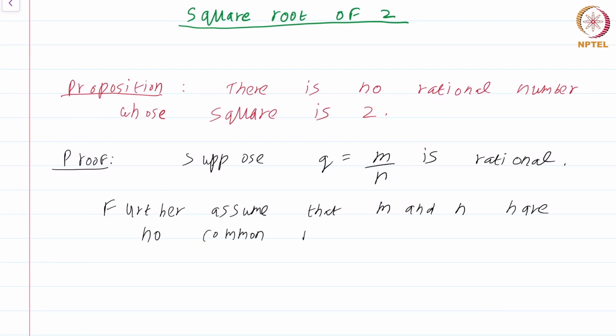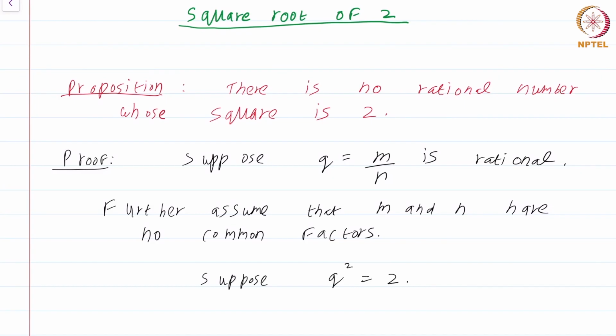Well, we can assume that simply because if there is a common factor between m and n, I just cancel it out. I can get rid of all the common factors and put q in its lowest form. Now, suppose q squared equals 2.